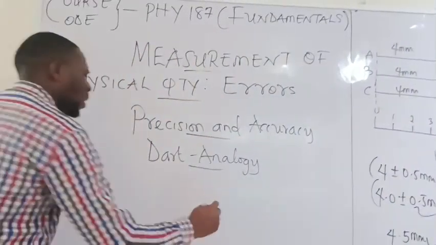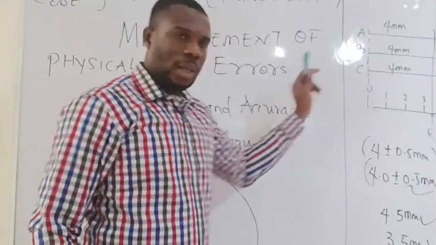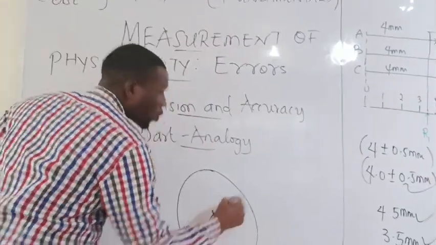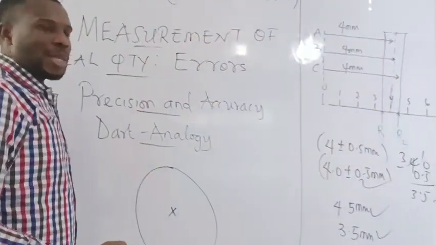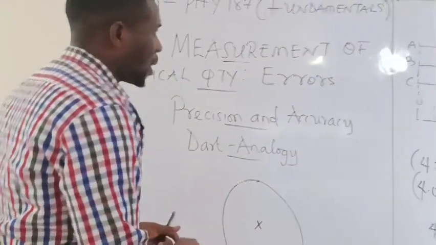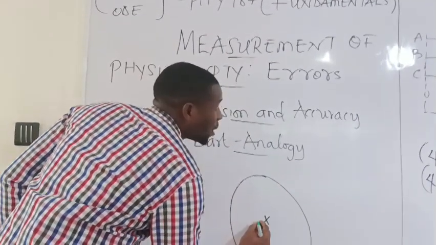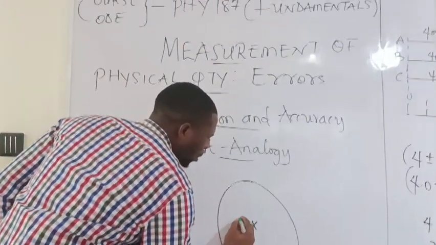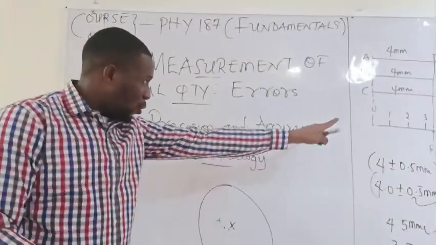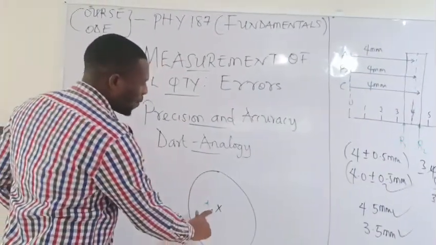All right, so the dart analogy, you could think of this as a scale, just like you have here. And this is the target, which is the actual or the true value, like we have the 4 millimeter. The first person, let's say person A, measured and came pretty close to the true value. He shot, just like you read this on the scale now, and he figured out his value was pretty close to this.